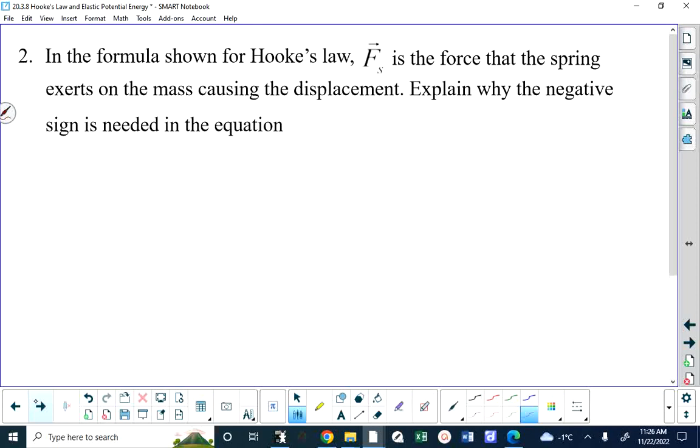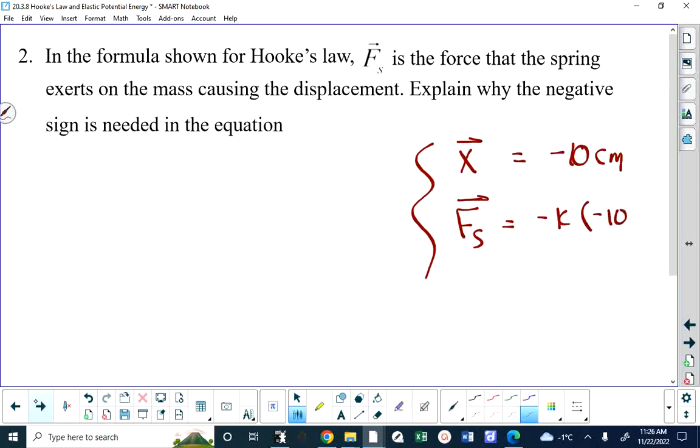In other words, and I don't really know that I want you to write this down, but if x happened to be negative 10 centimeters, then Fs, the force that the spring exerts on the mass, would be negative k times the negative 10. Don't worry about the units of anything else yet, but you would end up getting a negative times a negative, which is a positive force, which makes sense.